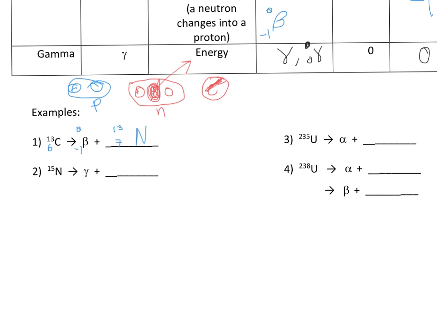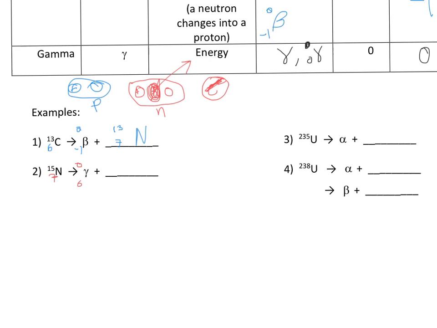Okay, let's look at number 2. Number 2, we have nitrogen-15 decaying to give off a gamma particle. Same as the one before it, we're going to assign the atomic and mass numbers. Nitrogen has an atomic number from the periodic table of 7, so we're going to write a 7 here. Gamma, we know based on our notes that we just did, is 0 and 0 because it's just radiation.